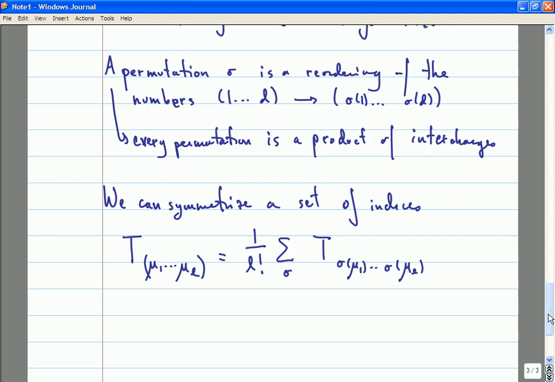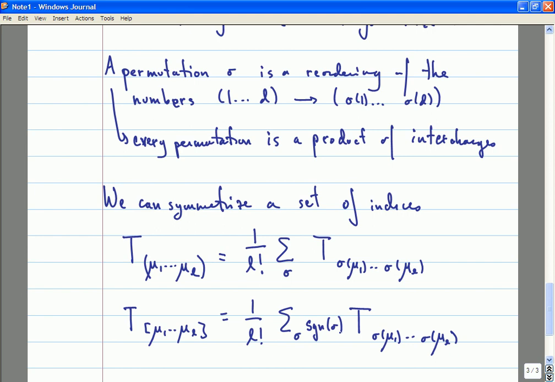Likewise, we can anti-symmetrize, which is usually denoted using square brackets. And that is the sum over all permutations of T of sigma of mu1 up to sigma of mu L. But here we introduce a sign. So we multiply times the sign of the permutation.